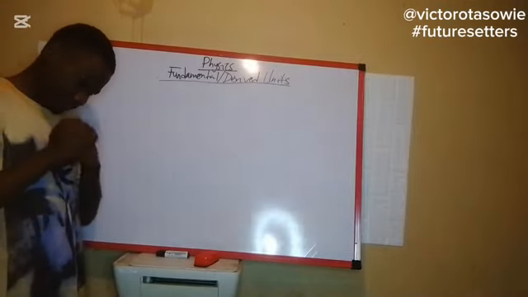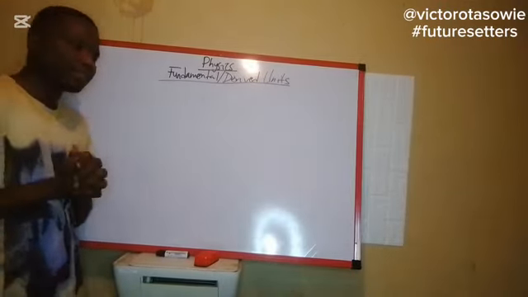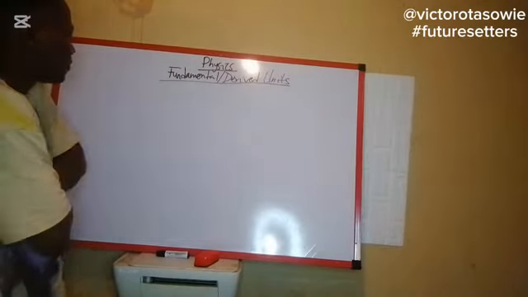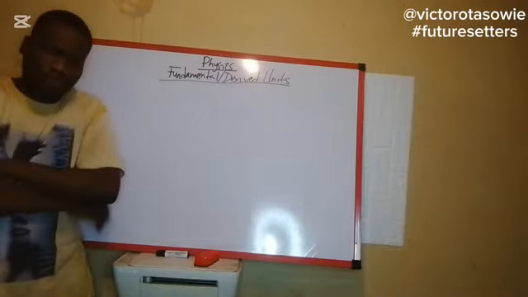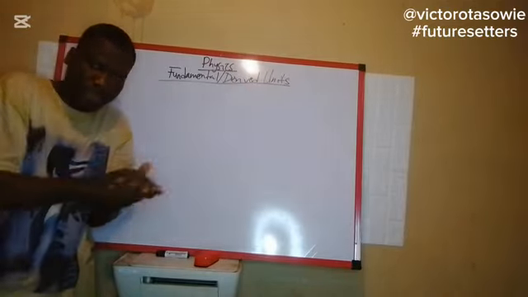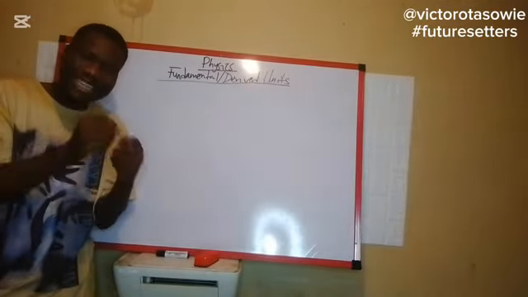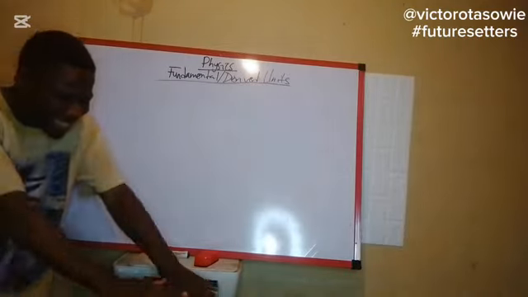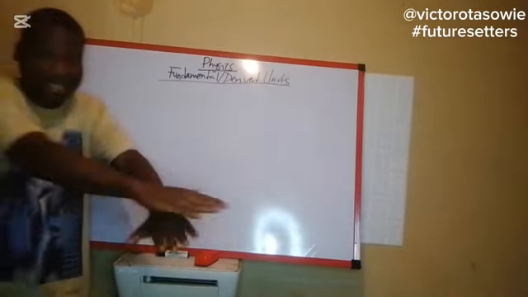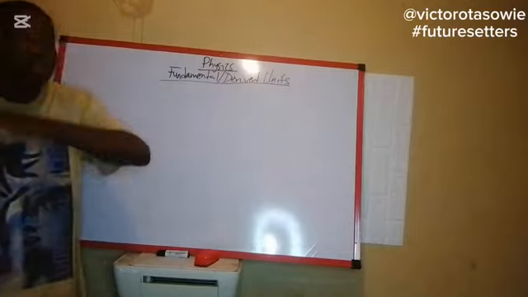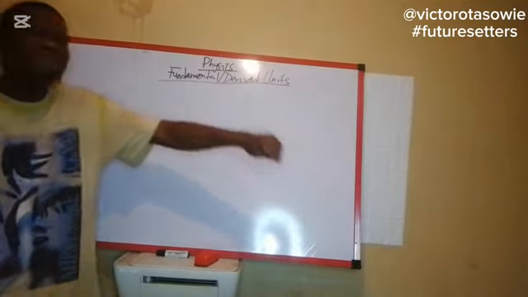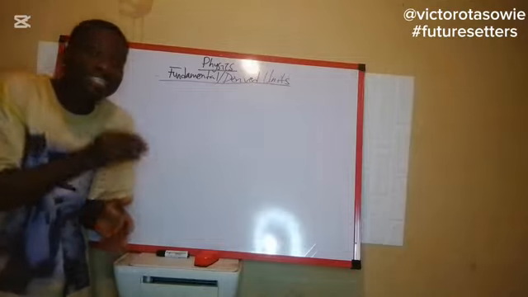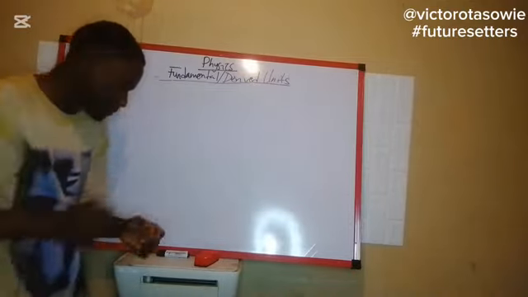Now, to fully understand this, we have to look at the concepts involved. What does it mean for something to be fundamental? It means that thing is very important. It is like the standard. Everything dwells on it. Every principle comes from it. That means without it, it is not complete.